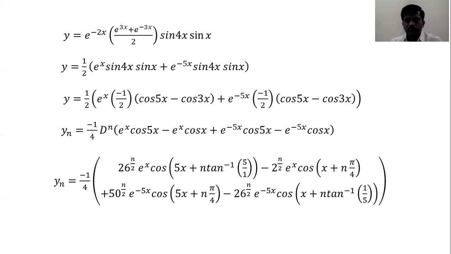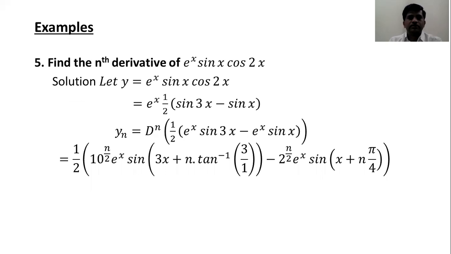Minus the fourth term nth derivative: here a value minus 5, b value 1, 25 plus 1, 26 power n by 2 into e power minus 5x into cos of x plus n into tan inverse of b by a, 1 by minus 5.